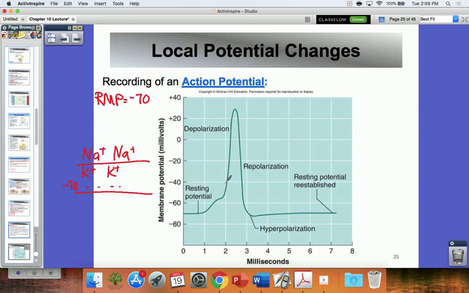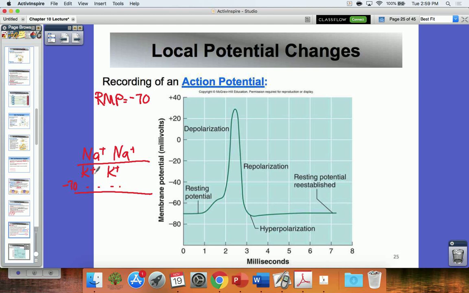In order for this to become more positive, what has to happen? Do we have to have, and we're only talking about sodium and potassium at this point, will more sodium come into the cell? Or will potassium leave the cell? In order for this cell to become more positive, because we're at a negative 70, and this has a positive charge, this has a positive charge.